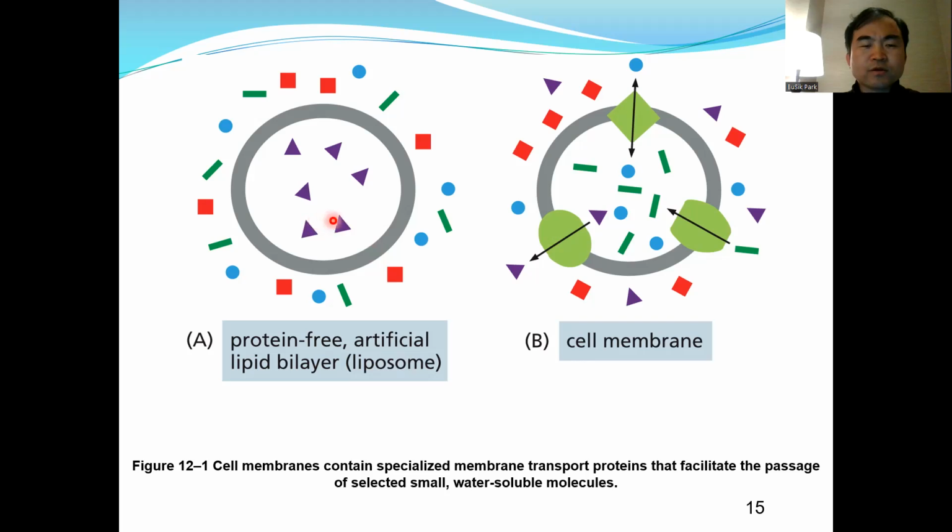Only specific molecules can move through it. However, a cell membrane, which contains membrane transport proteins, lets other molecules also move through the membrane.